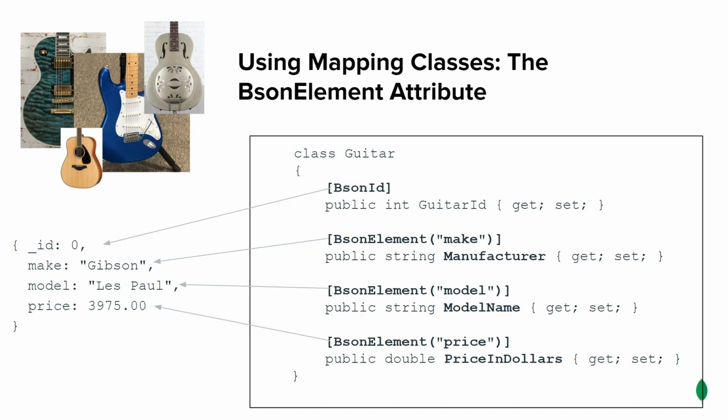And for each of these, I'm going to use the BsonElement attribute, passing in the name of the element as it exists in the data store. Okay, so now we have a C# class called Guitar. It has property names that we like and want to use, and we're telling the driver explicitly how to deserialize and serialize between this and the fields in MongoDB.